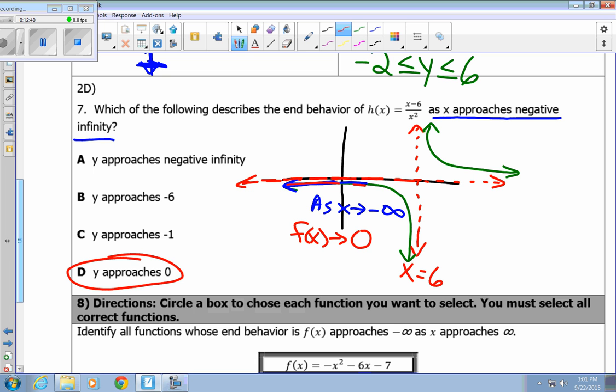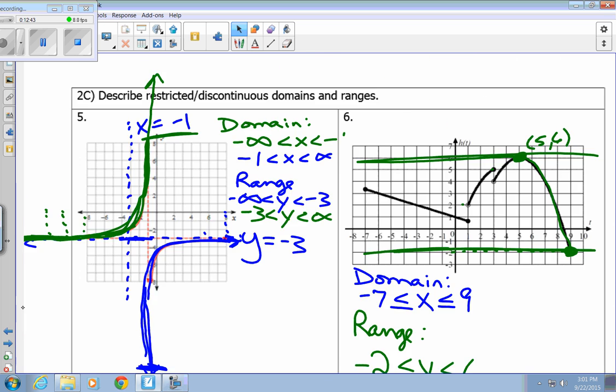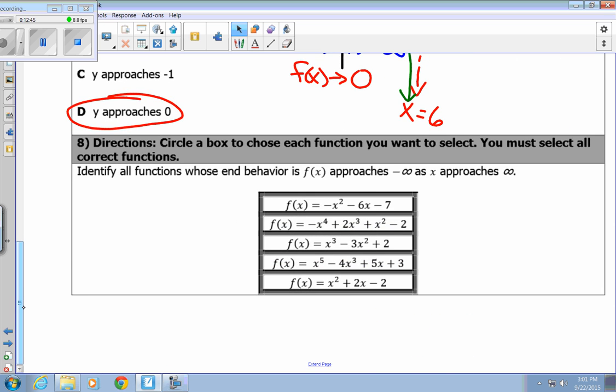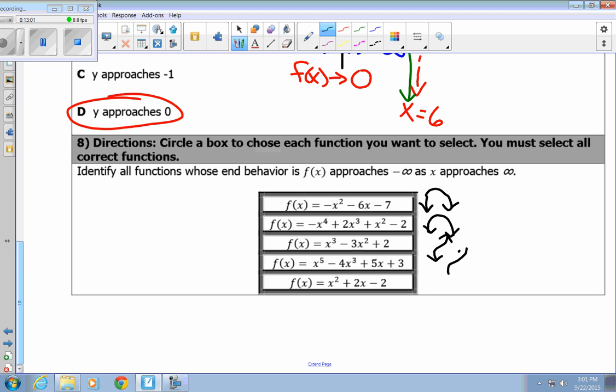On number 8, I asked you in class to draw the pictures of each one. So they're upside down U-shaped, upside down U-shaped, cubic, another cubic looking graph, and a U. So we're looking for whose end behavior is the y value is approaching negative infinity, so that's one down, as the x is approaching positive infinity.